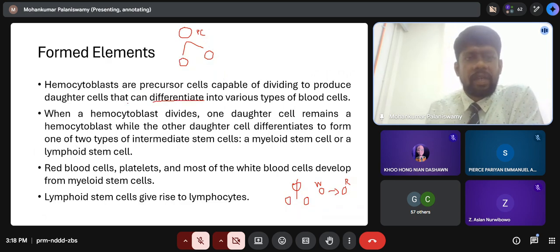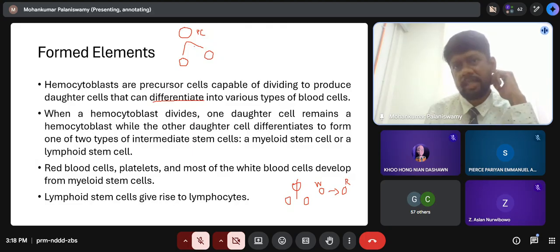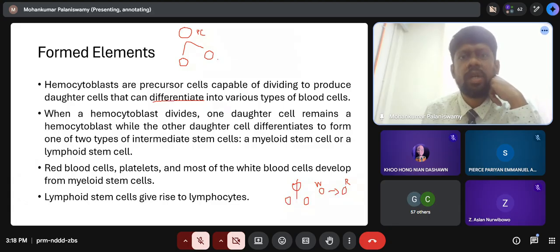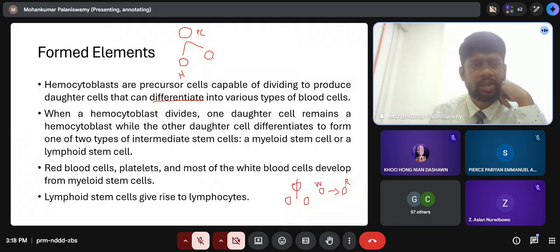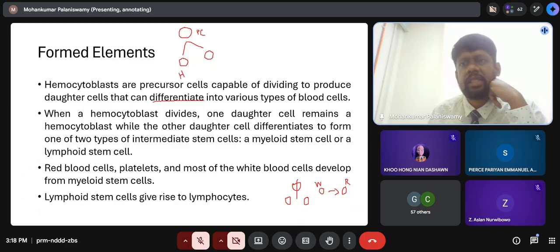Next point, when the hemocytoblast divides, one daughter cell remains as a hemocytoblast. Imagine this hemocytoblast is divided into two. One cell still remains as a hemocytoblast itself, while the other daughter cell differentiates to form one of two types of intermediate stem cells.